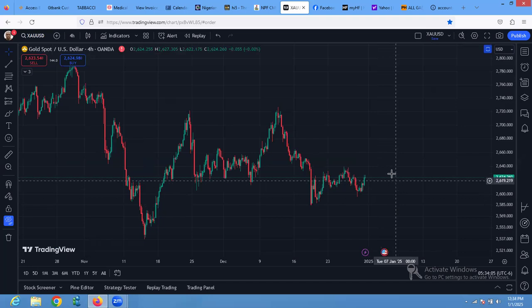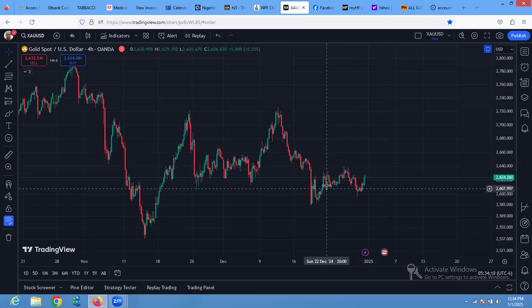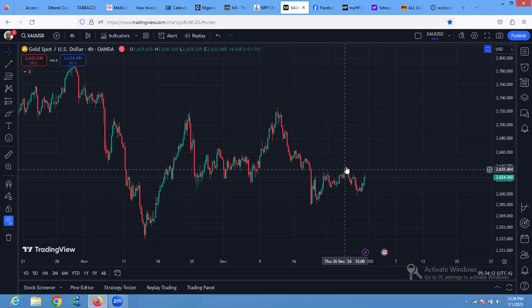Now, in this particular wave, we may have finished ABC here, and this may be the first move to the downside. And if that is the case, the price should continue to move lower to break low here. And that is not what the price is doing now. It's a whole lot of mess here.